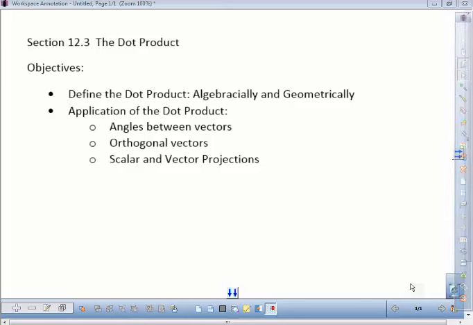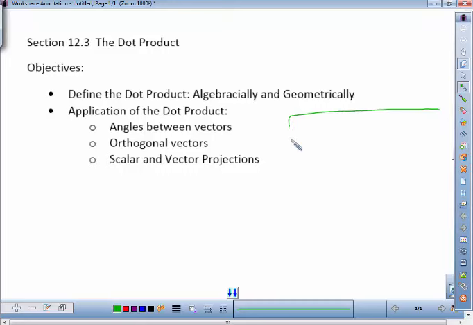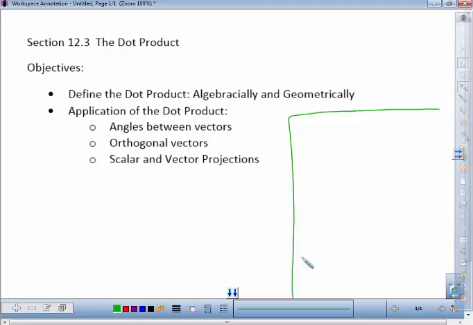So the dot product is I guess our second attempt of some sort of multiplication that involves vectors. We know that when we add or subtract vectors, we get another vector. In fact, I sometimes like to make a little chart about some operations, binary or otherwise, for vectors that give you the type of thing that it results in.